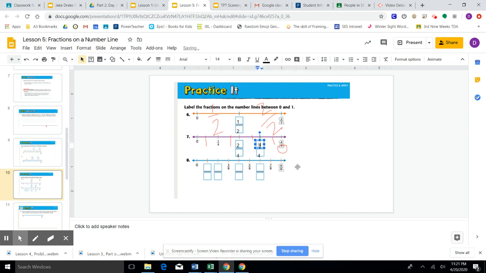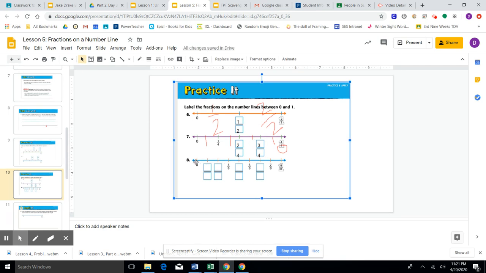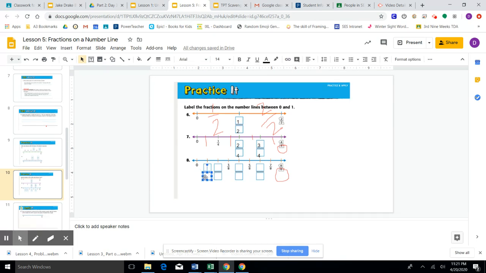Good, 3/4. Right, now this one has a lot more, but I can see on my bottom number, my denominator is 8. So I know my denominator is going to be 8 in each tick mark.